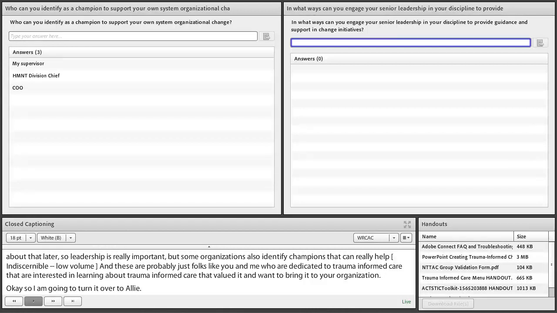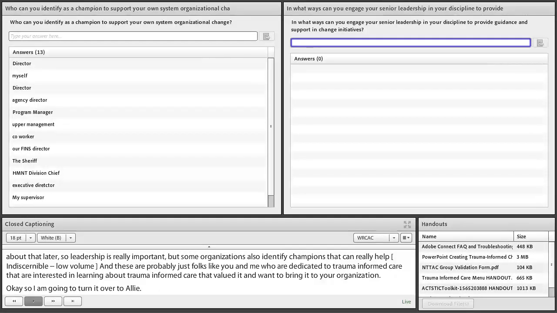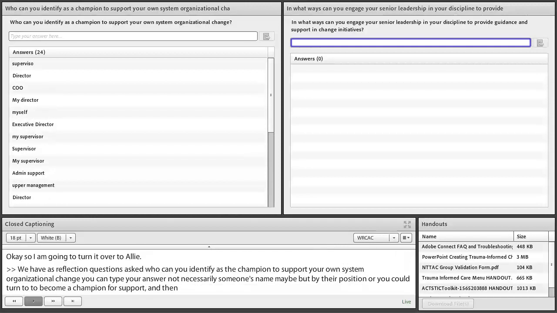And the other question is, in what ways can you engage your senior leadership in the discipline that you're in to provide guidance and support in change initiatives? As Melissa mentioned, leadership, start to think about and reflect on who you can go to for support in that change initiative.